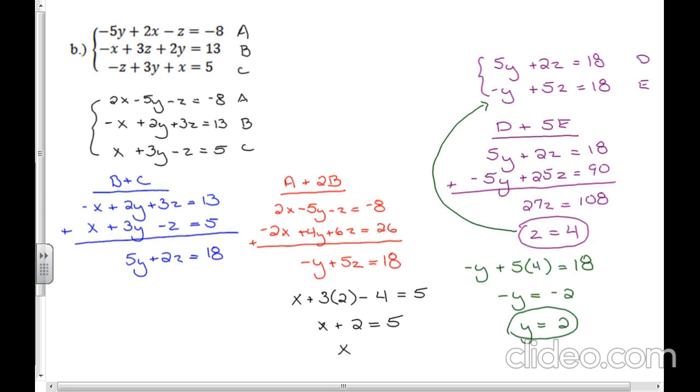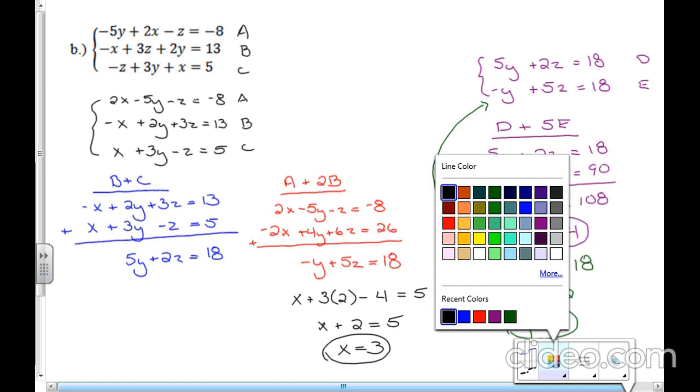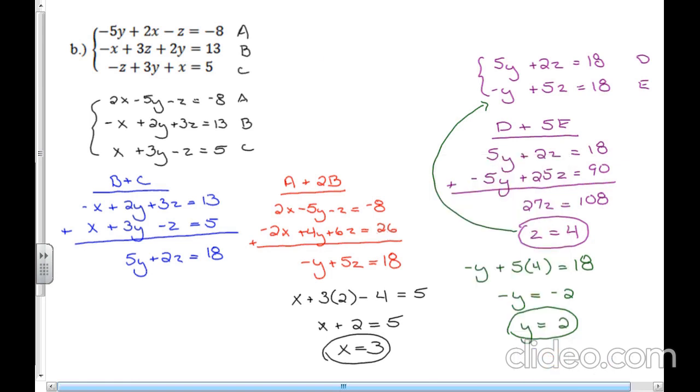And then I could subtract 2 from both sides and get x equals 3. So finally, I have come up with answers for x, for y, and for z. And so my solution, my ordered triple, would be 3, 2, 4. This would be the solution to my linear system of 3 variables.